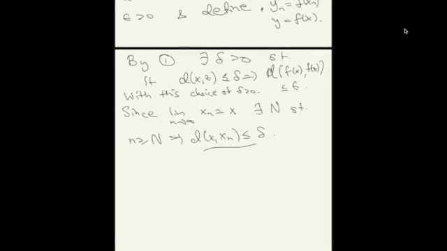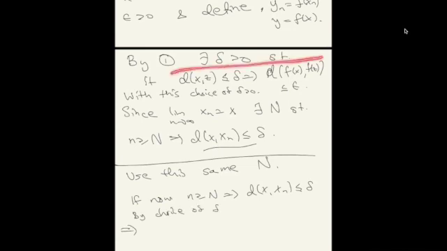Now, okay, so this is all in the setup and using definitions. Now we want to prove that y_n converges to y, so use this same N, and let's prove everything works.